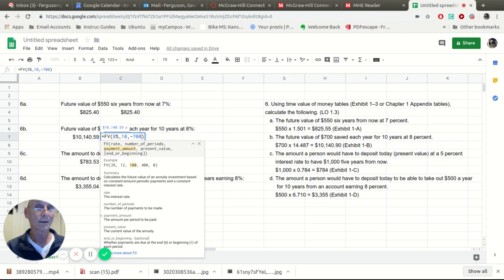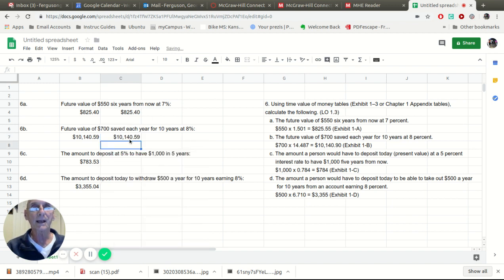All right, comma. Present value. In other words, I'm starting off with nothing in there, it's 0. And you can see it's already calculating it for you. Press enter. You get the 10,140. Again, you're going to get a little bit of a rounding error between the tables and the formula. Close enough.